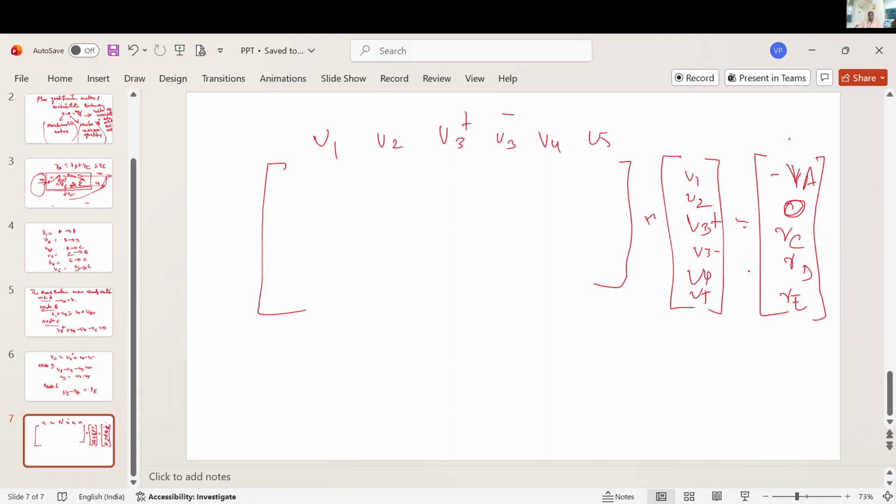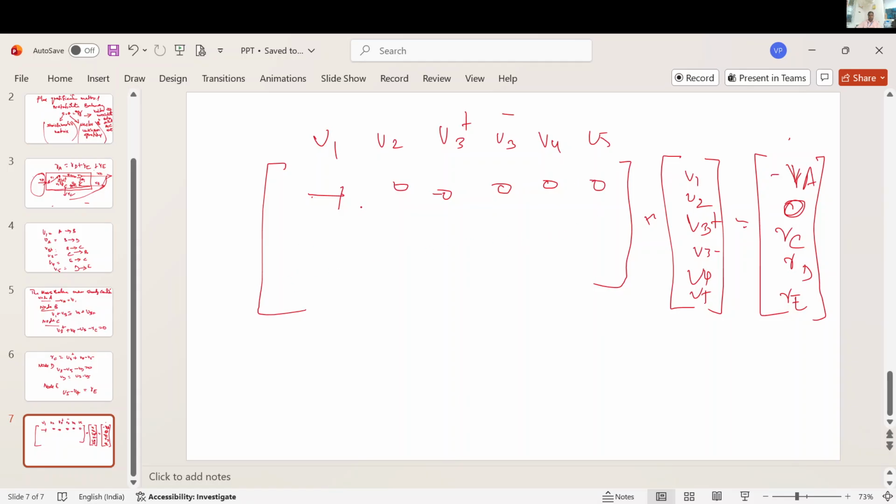This matrix, when you see the reaction from A, B, C, D, the coefficients we need to mention. The coefficients corresponding to V1 are minus 1, 0, 0, 0, 0 and 0.